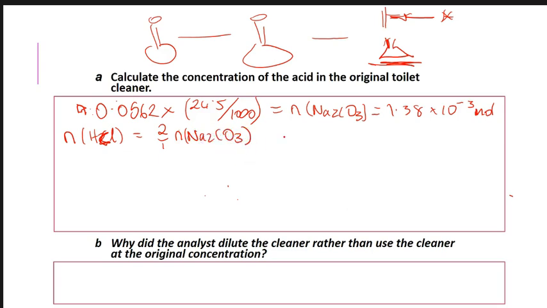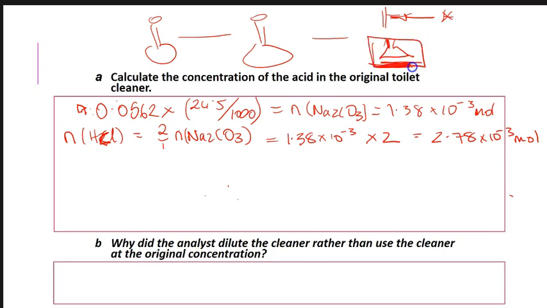So we're going to now take our 1.38 times 10 to the negative 3 and multiply that by 2. So I will get 2.76 times 10 to the negative 3 moles, and that's the number of moles that was in our conical flask here.